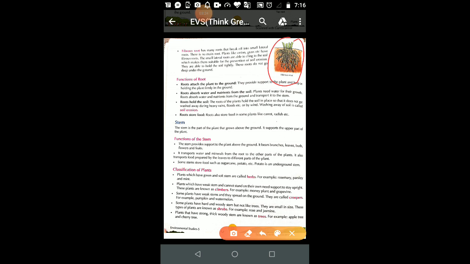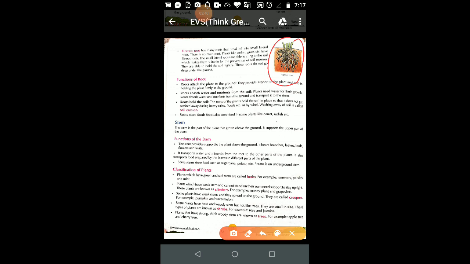After that students, we discussed what is a stem. The part of the plant which is above the ground is known as the stem. And what does the stem wear? The stem wears flower, fruit, bud, leaf, branches. These all are the parts of the plant which the stem wears.